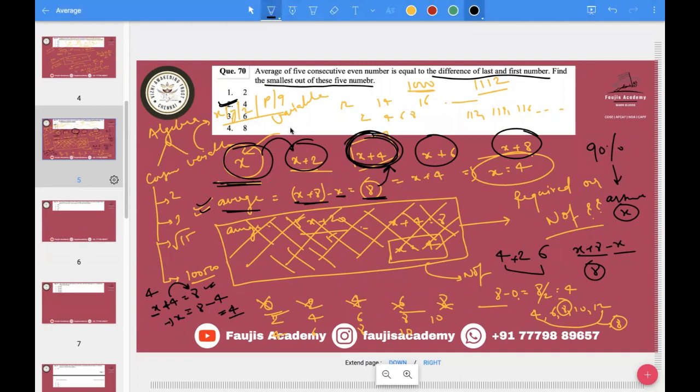Sir, if it is 6 consecutive even numbers, how will you solve this? If it is 6 consecutive even numbers, the next number will be x plus 10, right? And then let's say they tell you the same scenario, and the average is the difference of the first and last number, right?